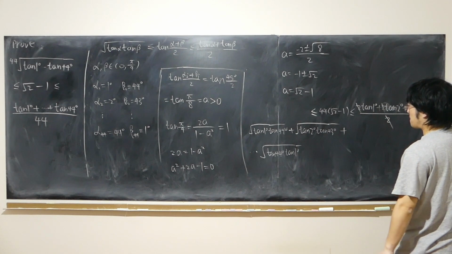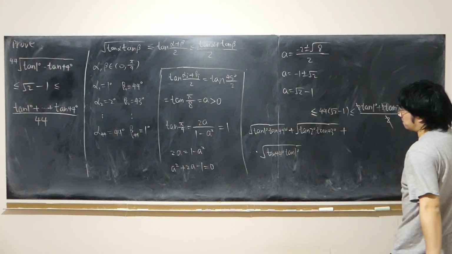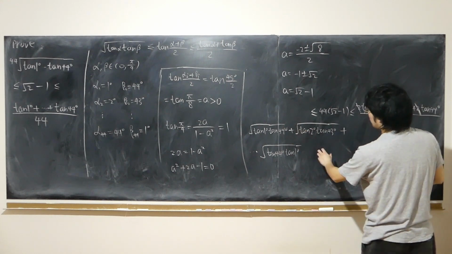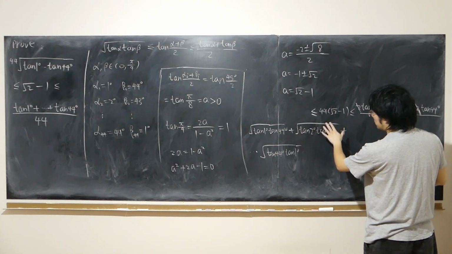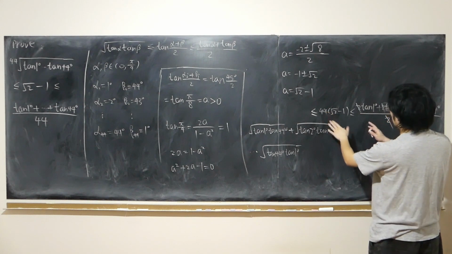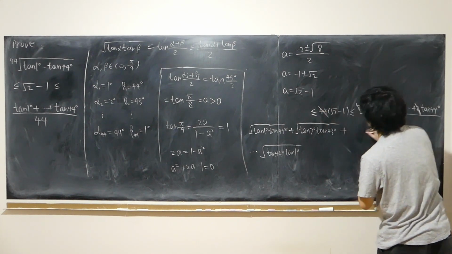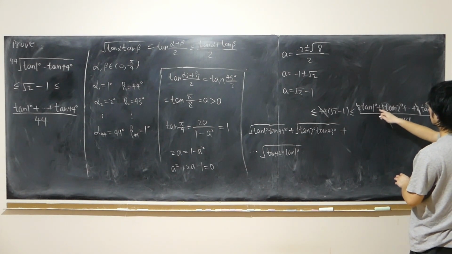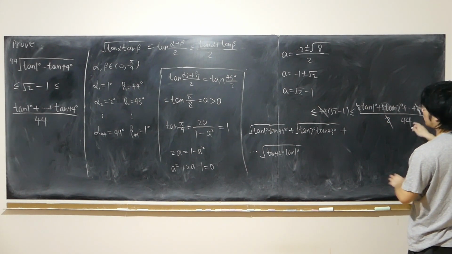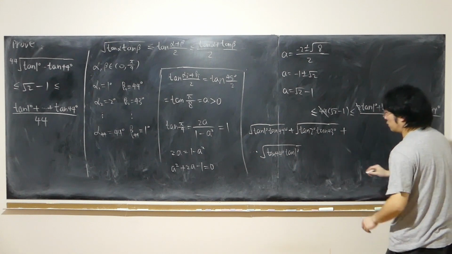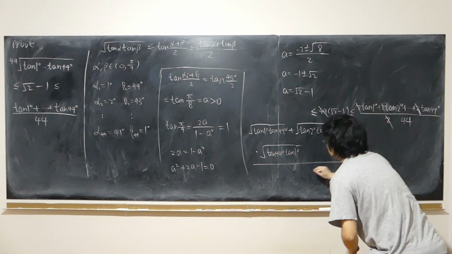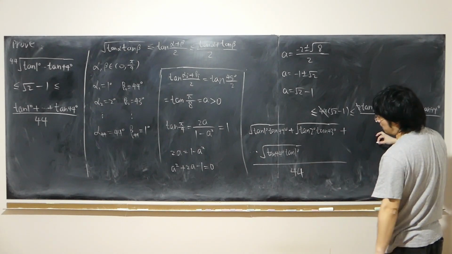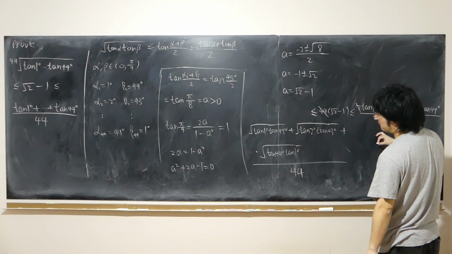Then of course, if I divide 44 over to this side and divide 44 over to that side, I have 44 under the tangent 1 degree plus all the way up to tangent 44 degrees. Right, that is the arithmetic mean.